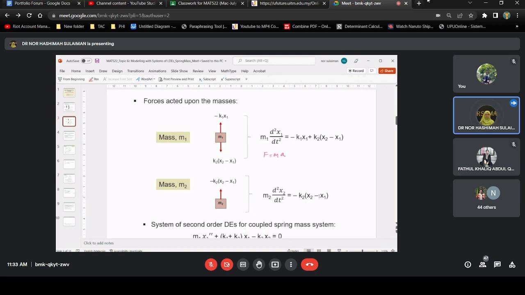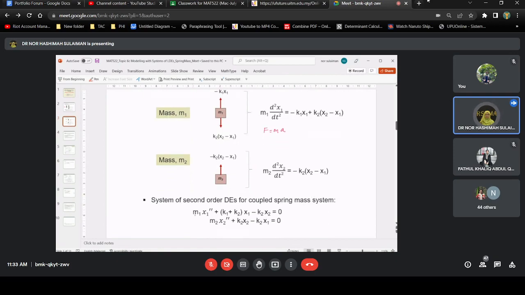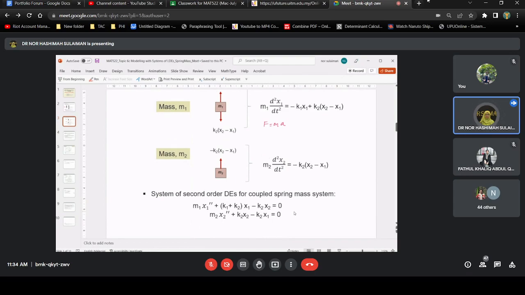Okay, in this case, the system of second order differential equations for the coupled spring mass system can be modeled as follows. This is the formula.